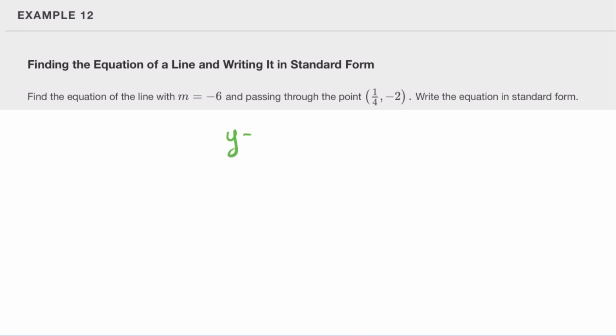If we start with y equals mx plus b, let me start with the slope. Our slope is -6. Our x is 1/4. We don't know the y-intercept just yet, and our y value is -2.